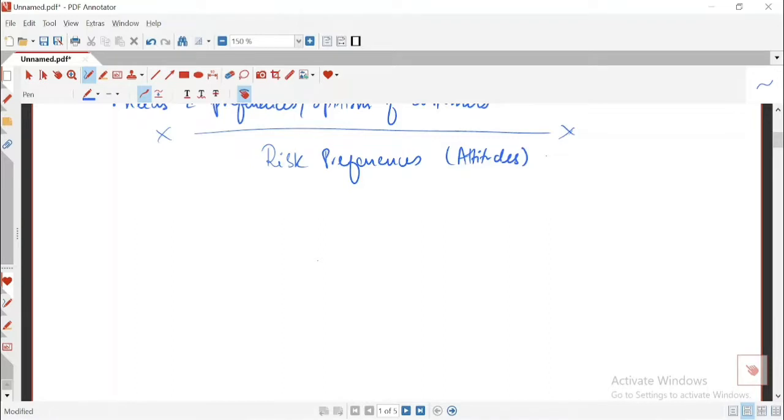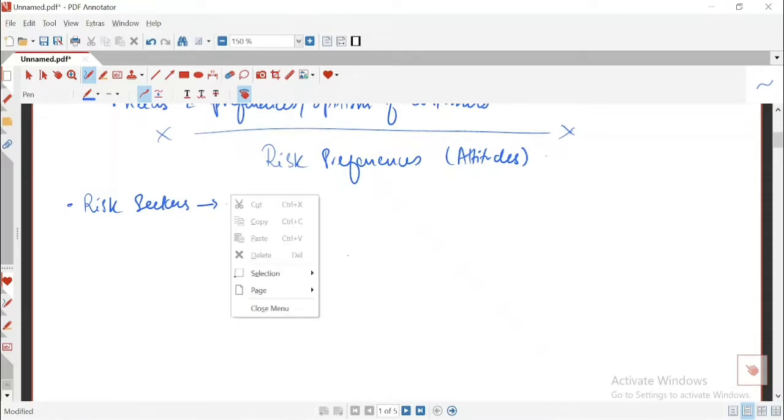There are a lot of people that are risk seekers. Who are risk seekers? Risk seekers are those people that are optimistic people. And what do they do?